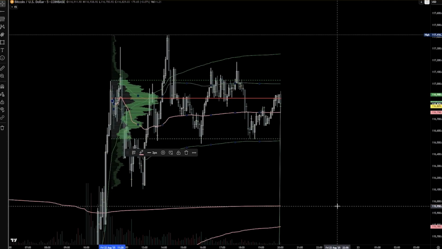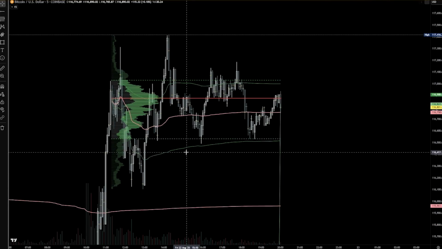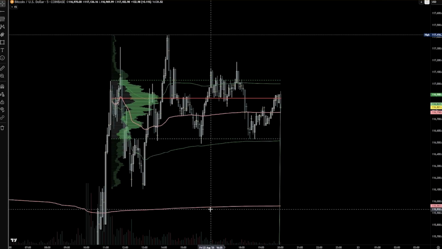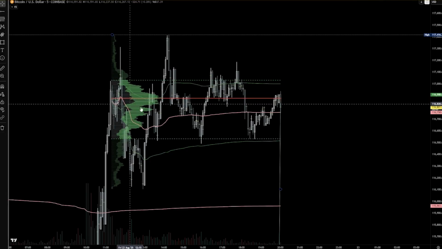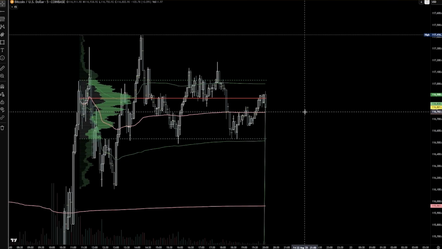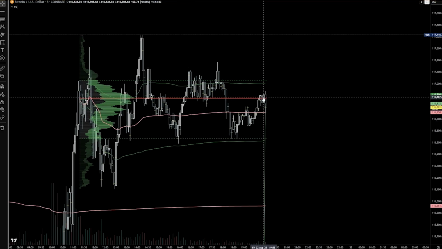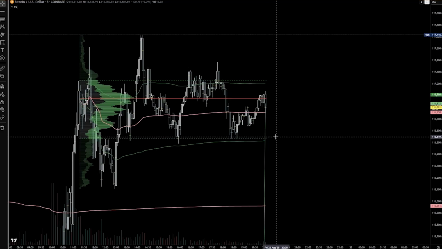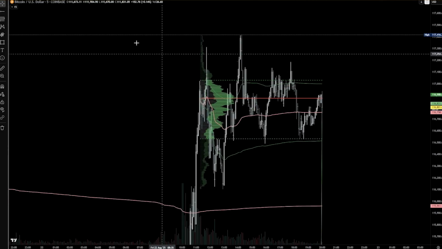There's your anchor VWAP. I have like a bunch of them on here now. Above VWAP, rejecting from, well, we closed our day above that little point of control, and we definitely close our day with a strong profile.